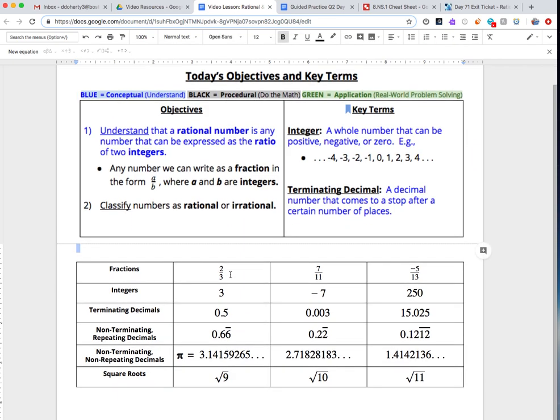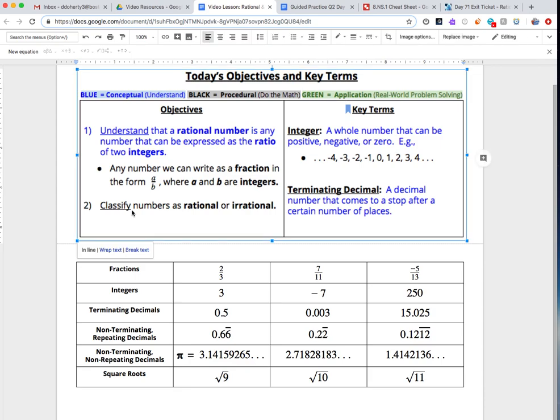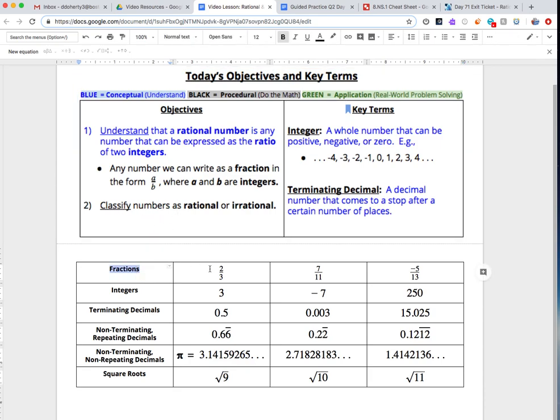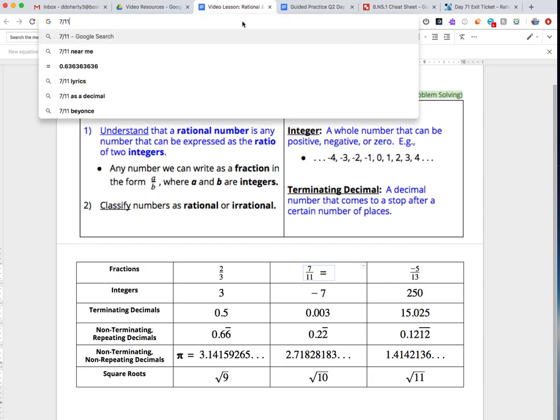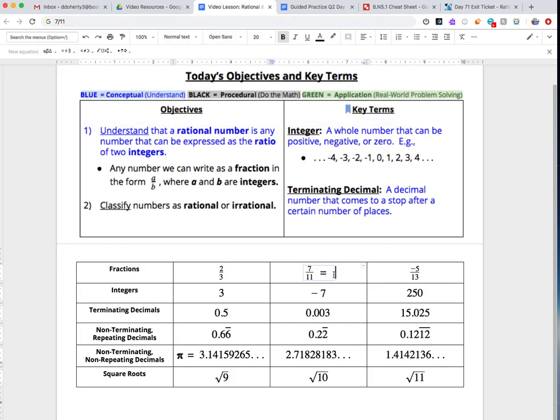Let's take a look at some examples. It helps to start classifying our numbers right away. So we're going to look at fractions to begin with. Fractions can be complicated. They can be ugly decimals. 7 over 11, if I put that into a calculator, would equal a messy decimal, 0.6363, that keeps repeating.